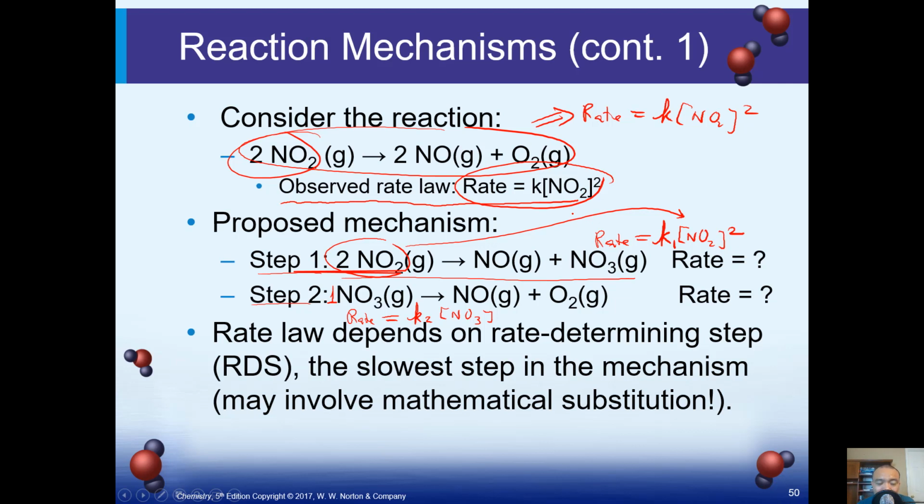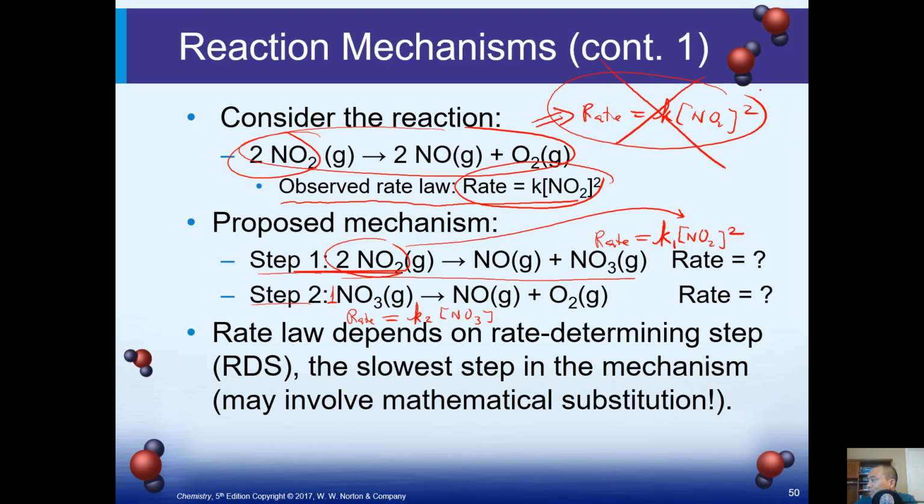The rate law cannot be directly read out from the overall reaction, even if the observed rate law happens to agree with the rate law that is written out.